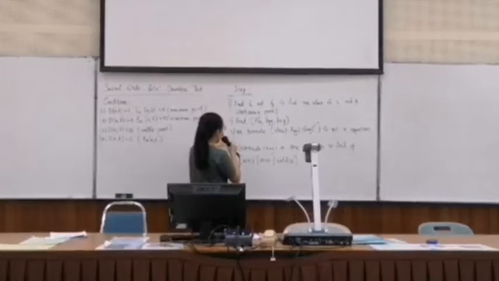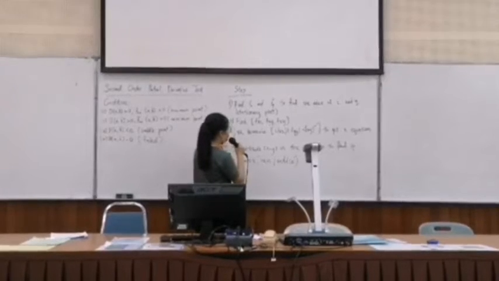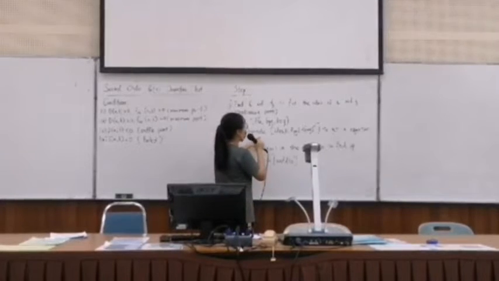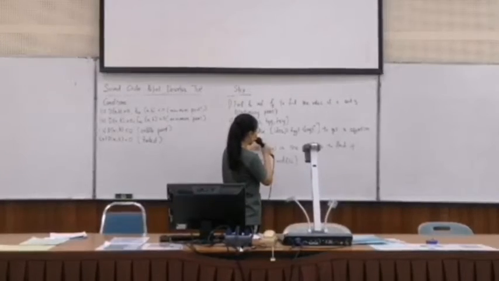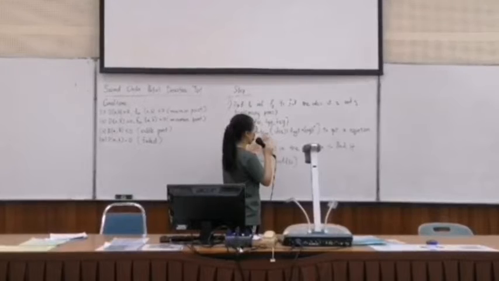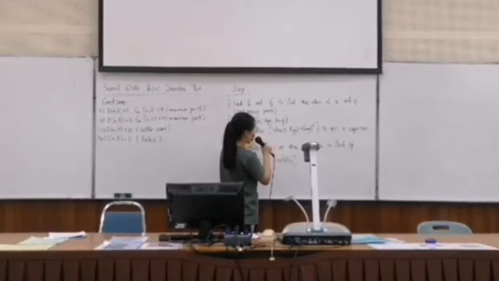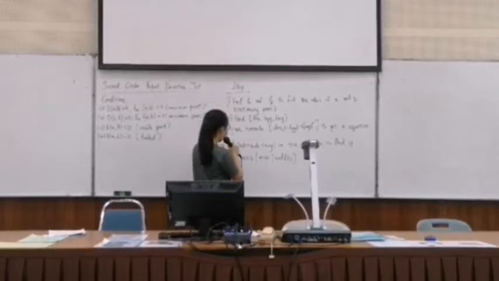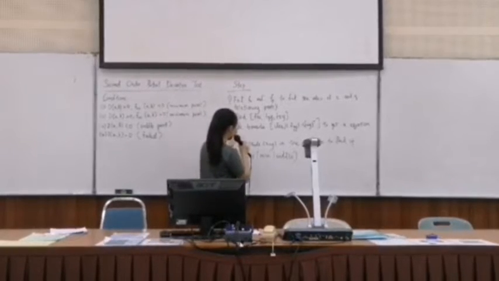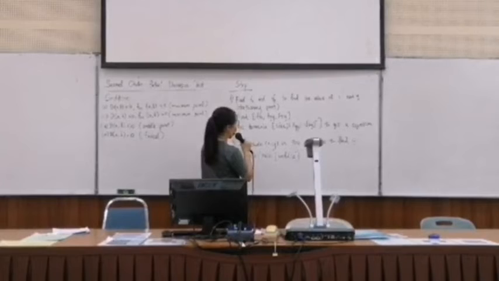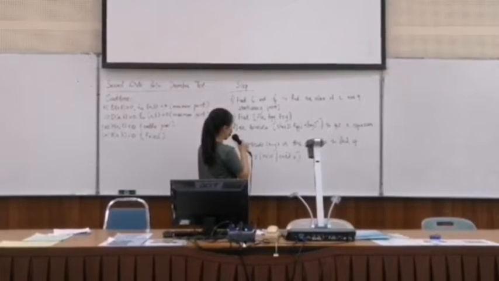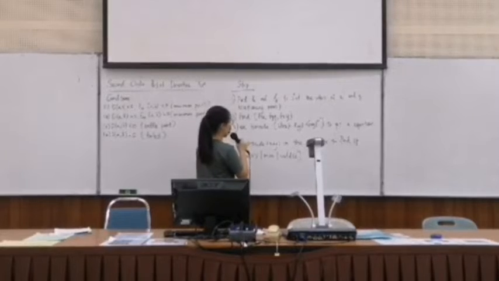The next one, use the formula of fxx multiplied by fyy minus fxy squared to get an equation. And the last one, substitute x and y in the equation to find whether it's a maximum point, minimum point, or a saddle point.